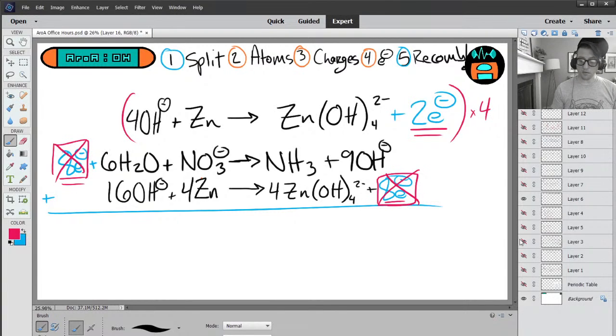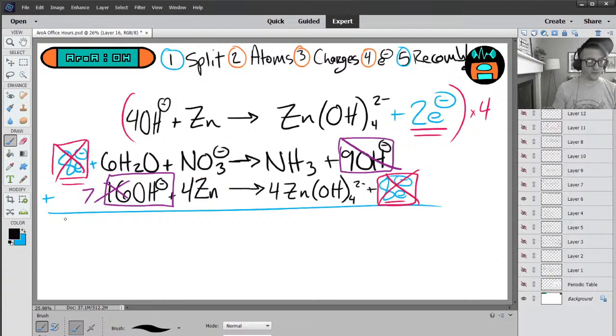We don't have any water molecules that can cancel, but we do have some hydroxides. We have 16 OHs on the reactant side. We have 9 OHs on the product side. So these 9 will cancel, well, 9 of these.